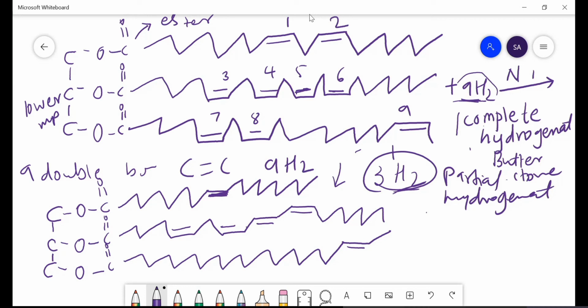And here in the third chain, these unsaturated bonds have been converted into saturated. So you still have unsaturation, which means you are able to lower the melting point. Because of this, there will be saturated fatty acid and unsaturated fatty acid in the chains, and resultantly you will get a semi-solid mass or semi-solid fat.